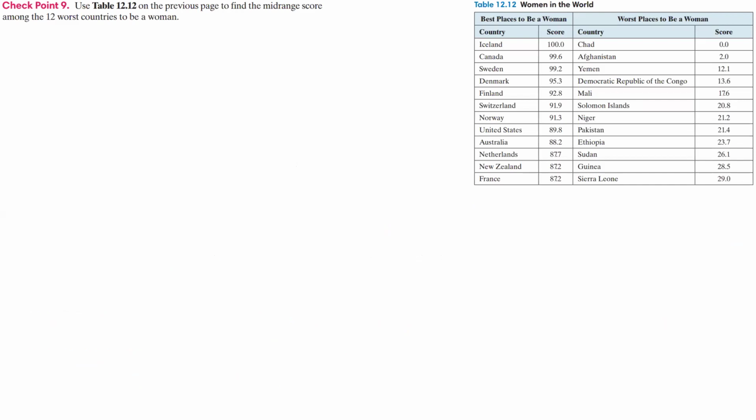So looking at our checkpoint here, using the data from this table, we're looking at the worst places to be a woman. That's going to be over here from Chad all the way to Sierra Leone. What we're supposed to do is find the mid-range. Well, it said take the lowest plus the highest, so 0 plus 29 divided by 2.